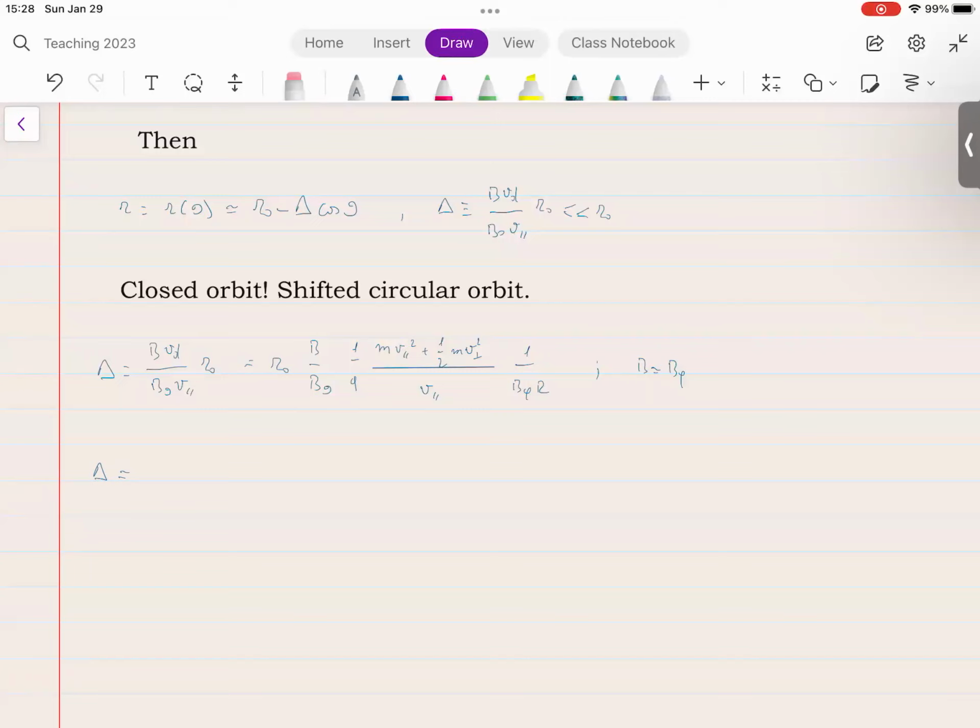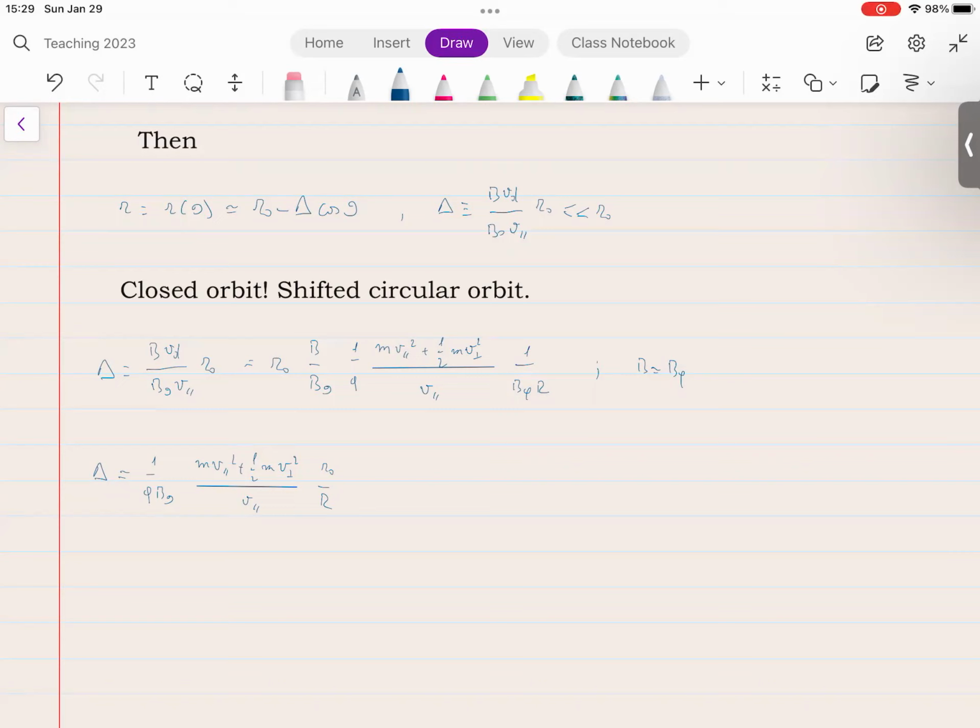And I'm going to get 1 over Q times B theta times m V parallel squared plus 1/2 m V perp squared, all divided by V parallel times R naught over R. And the idea is that R naught is much smaller than R, so it is okay to assume that this quantity is small. So you don't think I've lost anything.